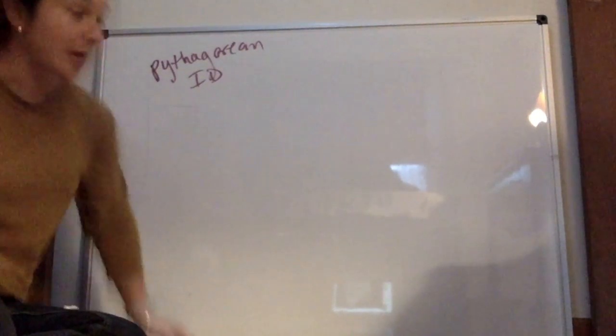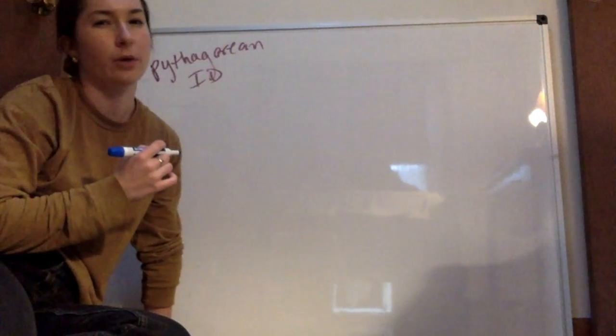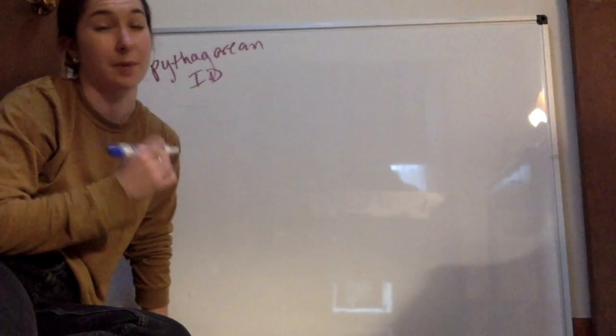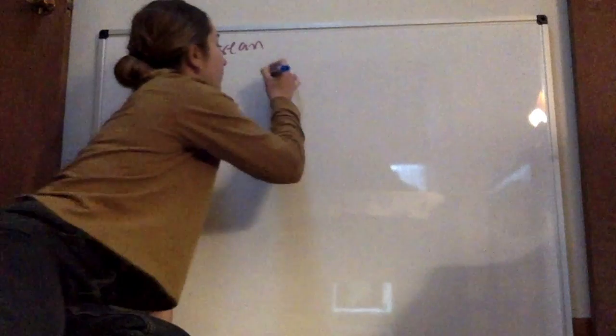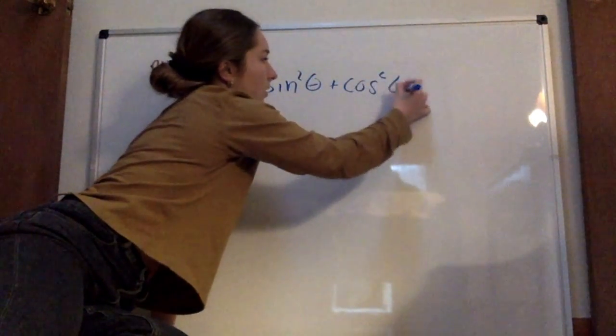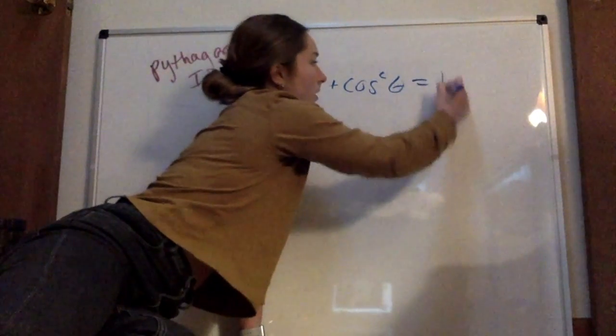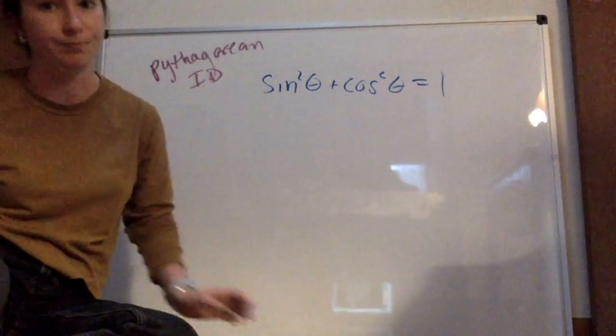So we can start with that Pythagorean identity that we just showed. I know I wrote it cosine squared plus sine squared equals 1, but I'm going to write it sine squared plus cosine squared just because I like how that sounds better. Sine squared plus cosine squared equals 1. And this is kind of our main Pythagorean identity.